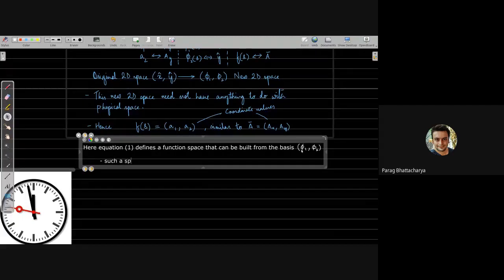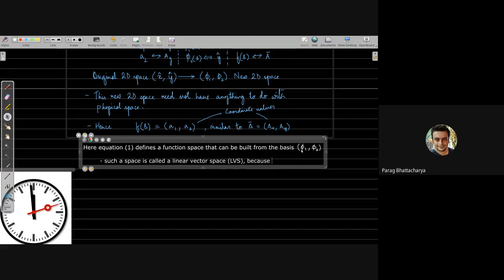Such a space is called a linear vector space. Okay, I'll refer to this as LVS. Such a space is known as a linear vector space. Why linear?